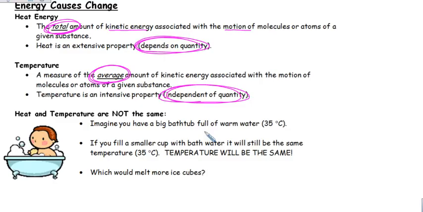I immediately insert a thermometer into the bathtub and the small cup of bath water. And they may read the same temperature. They're both at 35 degrees. Because on average, the particles have about the same amount of kinetic energy. They give me the same temperature.